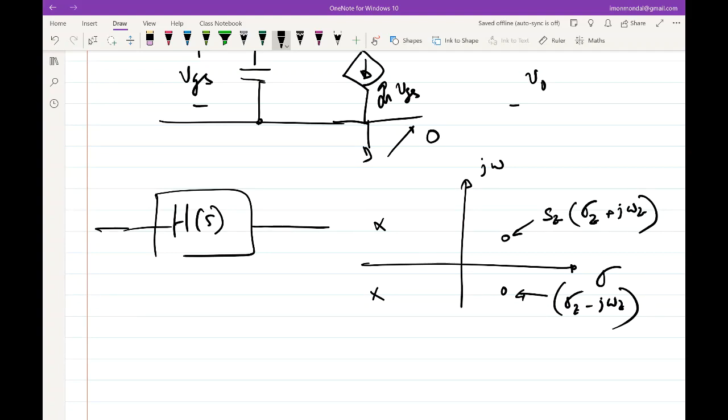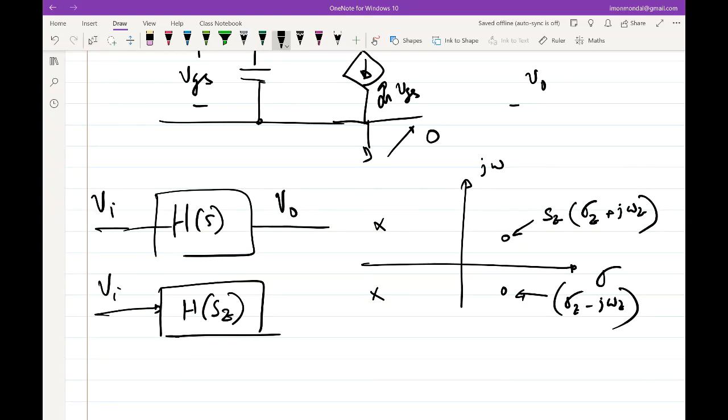So what happens if I plug in S equal to SZ in this transfer function? So what is V naught of SZ? 0, right? I hope everybody is happy with this argument.